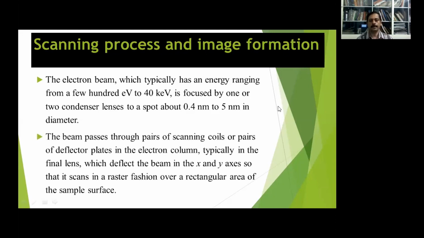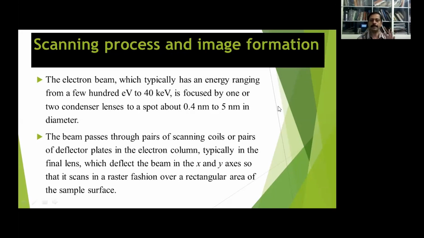The beam produced here passes through pairs of scanning coils or pairs of deflector plates in the electron column. Electron microscope has a column where a pair of scanning coils or deflector plates are fixed. Typically in the final lens they are present.